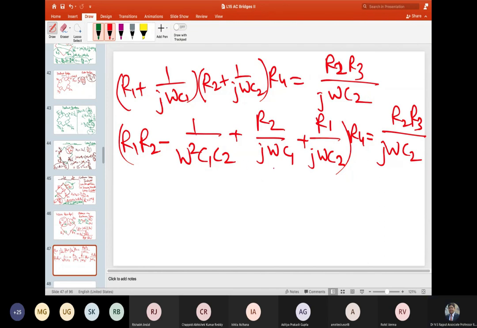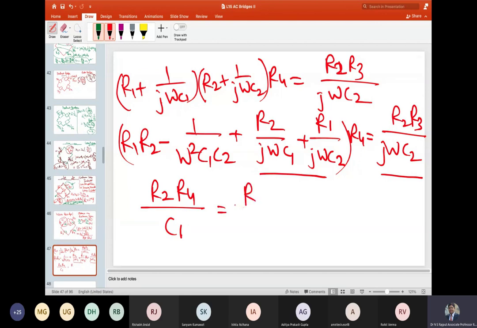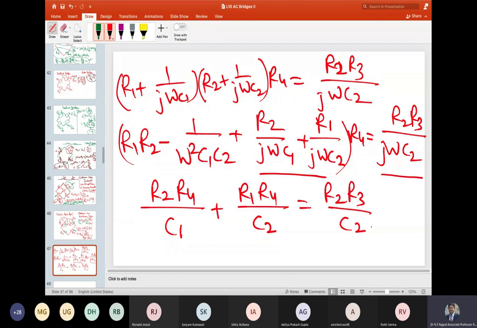On the imaginary component, you will get R2 R4 by C1 plus R1 R4 by C2 is equal to R2 R3 by C2, right?